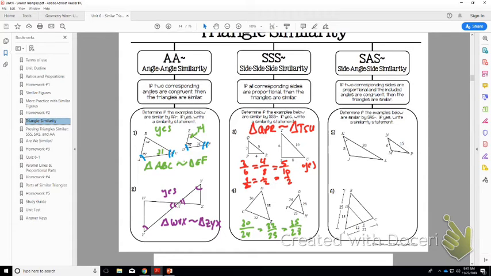Well, we could reduce that 30 over 24 by 6.